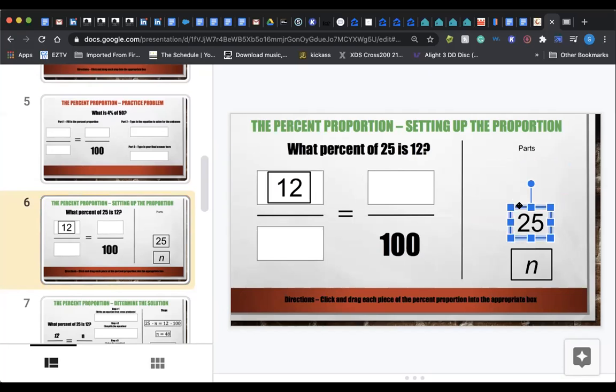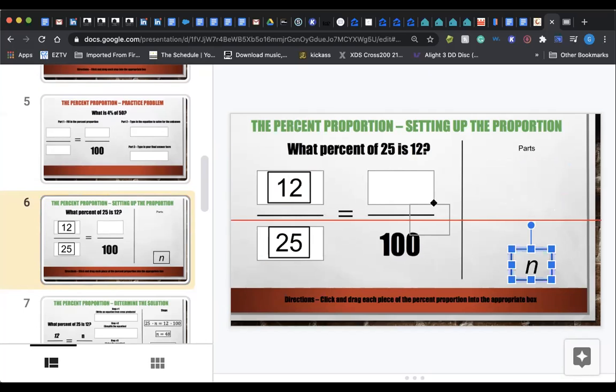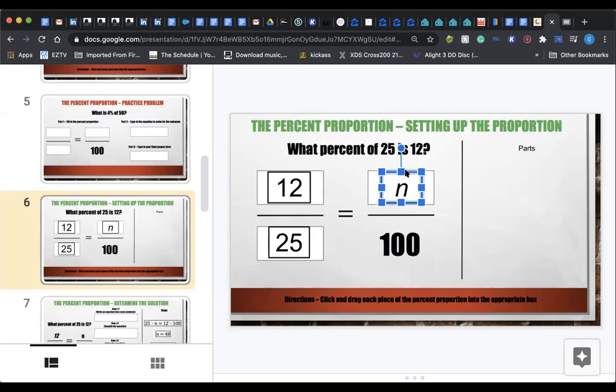Your total. Okay. And I'm looking for my percent. What percent of 25 is 12? Remember, anytime I see of before the number, that's going to be my total. It's a good indicator of the total is the word of.